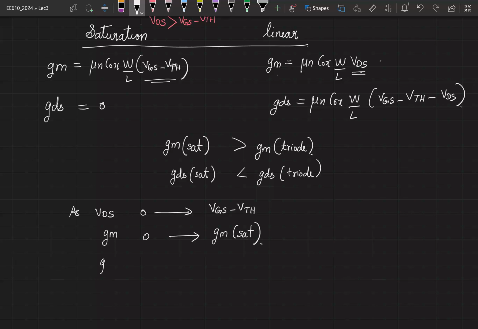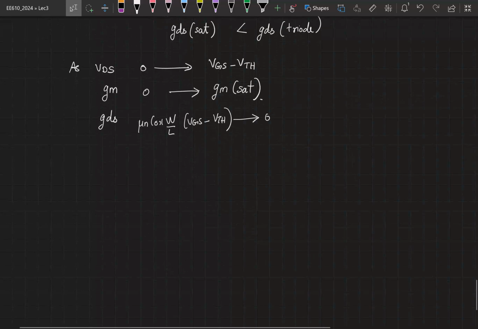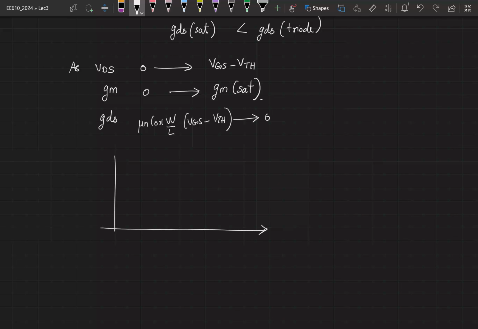Okay. Similarly, what is the initial value for GDS when your VDS is 0? That will be equal to mu n COX W by L into VGS minus VTH. Does this look similar? This is the same as the GM in the saturation region, right? And what is the final value? It goes to 0. So if I were to simply make a plot of this, I'm plotting it versus VDS.